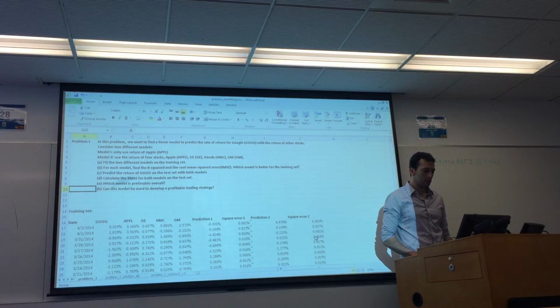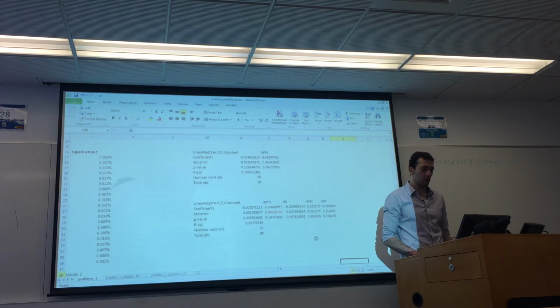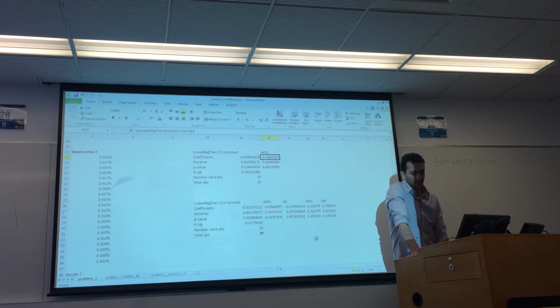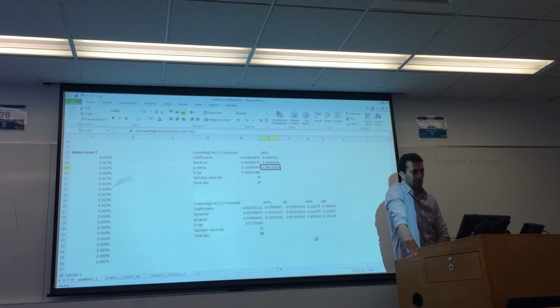Now the last question, can we use this model to develop a profitable trading strategy? So first I see that model 1 is better, so probably I will use model 1 and not model 2. Can it be profitable? Based on this data, I would probably answer that the p-value is too high, it's not significant enough. We probably need more data.